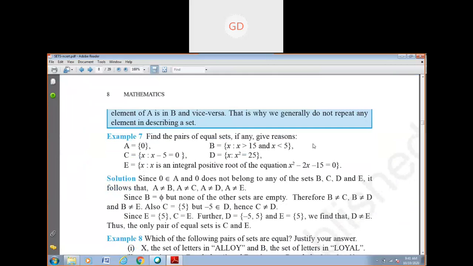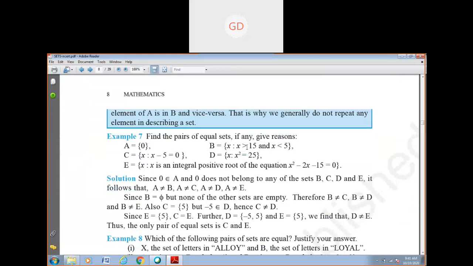In another example, you can see here: find the pairs of equal sets if any, give reasons. Here A, B, C, D, E, 5 sets are given. So we can select the pair of equal sets. A is a set which consists of only one element, that is 0.